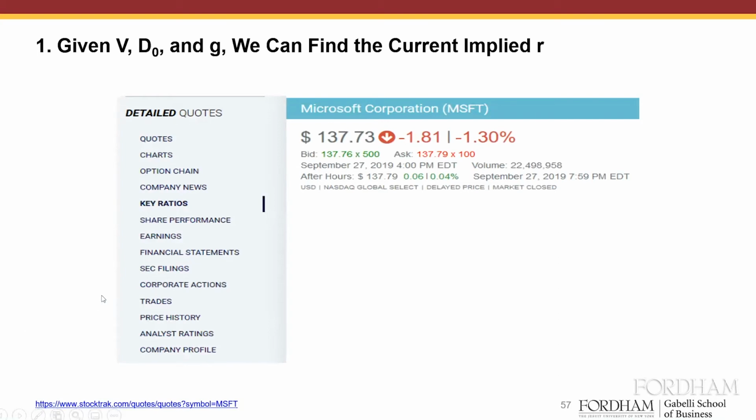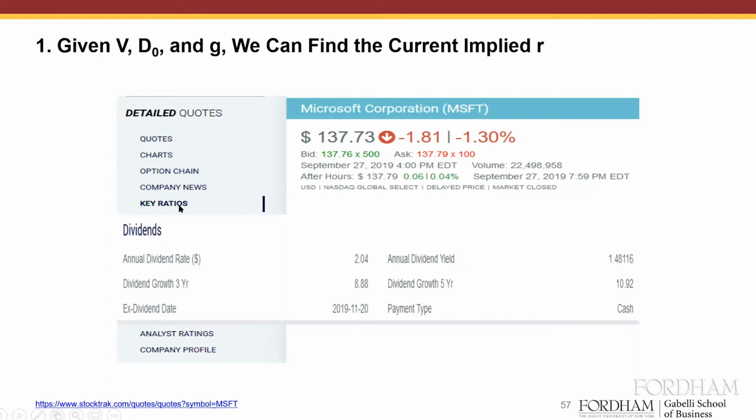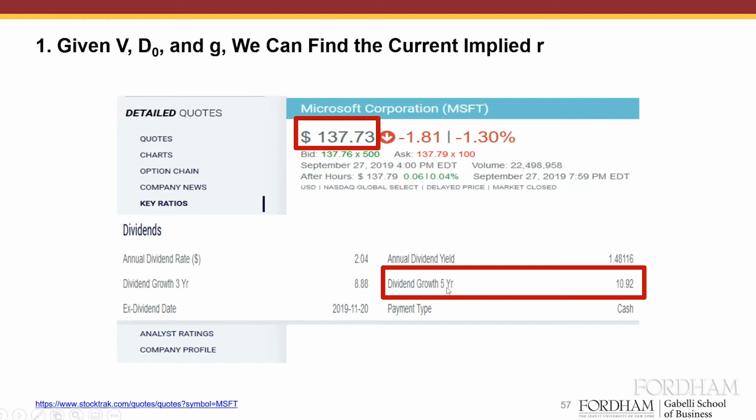Here, I'm using the data from StockTrack and Microsoft. We click on the key ratio, we get our dividend. So we have enough data. We have the price of the stock. We have our dividend growth for the last 5 years at 10.92.